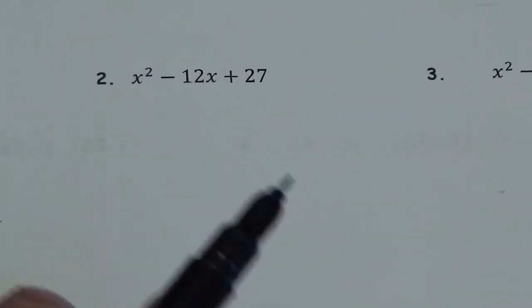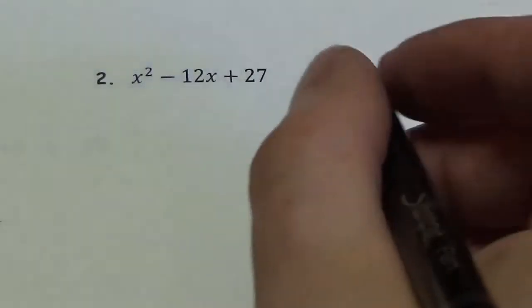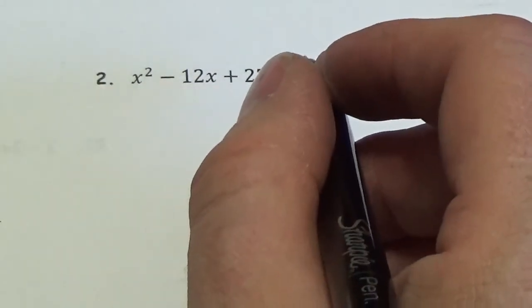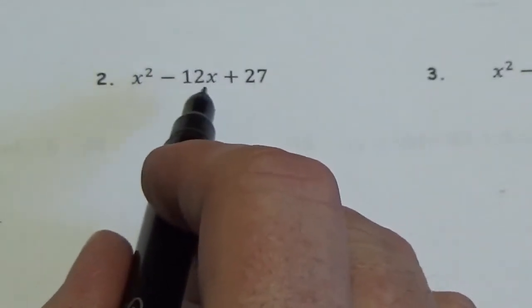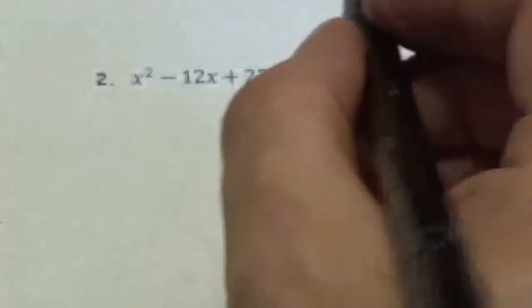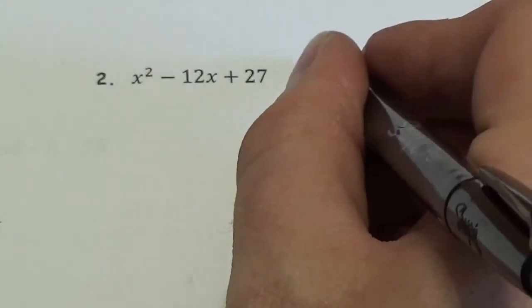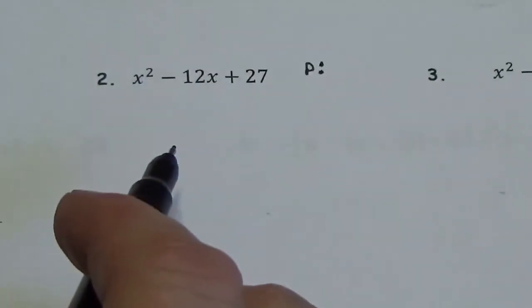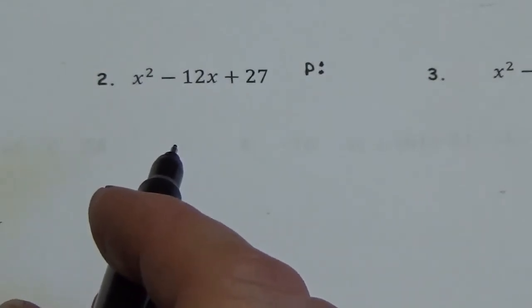Okay, now I'm going to do this one using decomposition. So when I do decomposition, what I'm going to do is try to produce the two numbers that give me the OI. Without getting into a lot of the details as to why this works, I'm just asking for a little bit of faith.